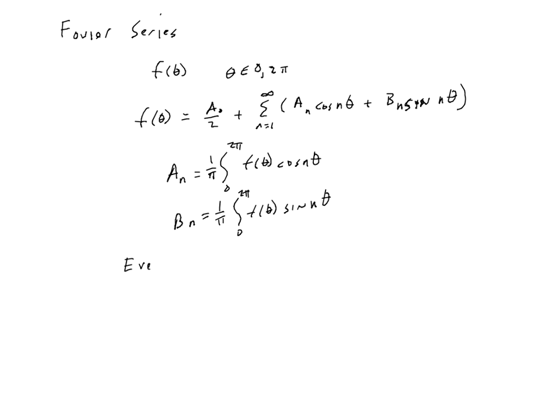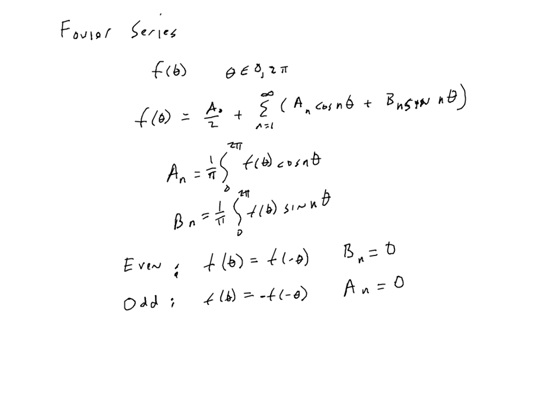If the function happens to be even, then f of theta is equal to f of minus theta, and so it must look like a cosine function, so all the b sub n terms go to 0. And if it's odd, then f of theta equals minus f of minus theta, which sounds a lot like a sine function, so all of the cosine terms go to 0.